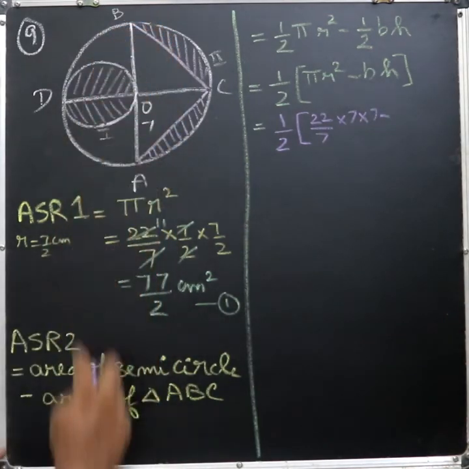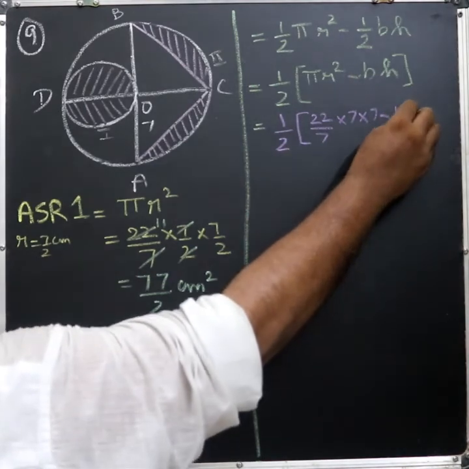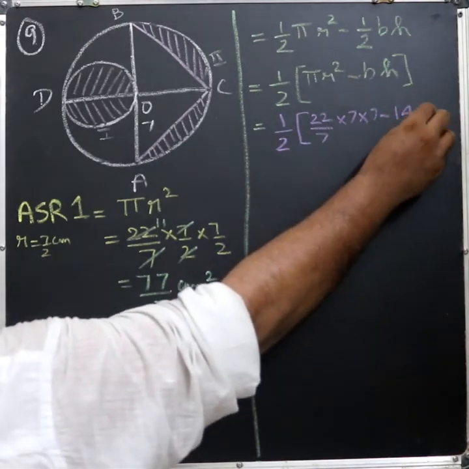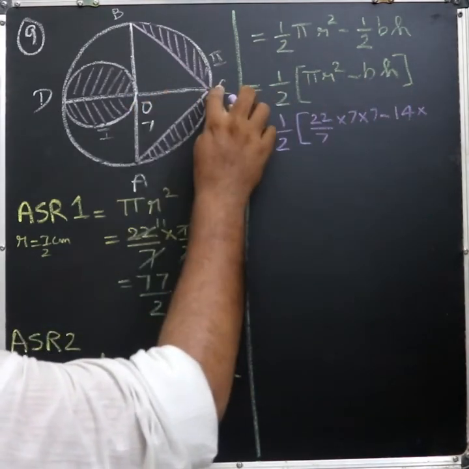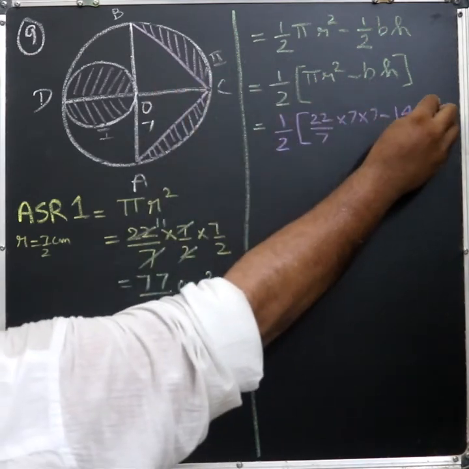AB measurement is the base of the triangle, which is nothing but the diameter of the circle, that is 14, into OC, the height of this triangle, that is nothing but the radius of the semicircle, so it is 7.